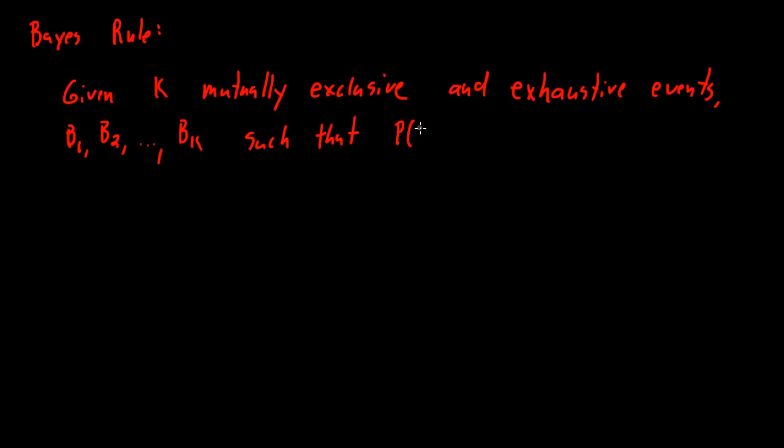So we have the probability of B1 plus the probability of B2 plus all the other probabilities up to the probability of BK is equal to 1. And we know that this must be the case since we have these K events that are mutually exclusive, meaning they can't overlap at all, and they fill up our entire probability space.